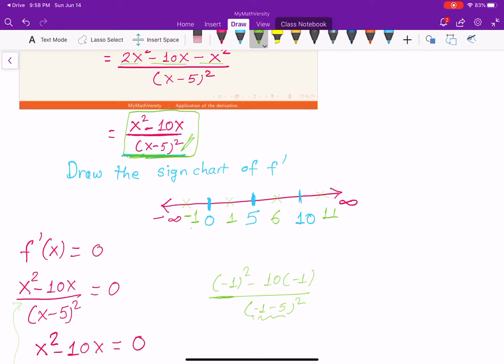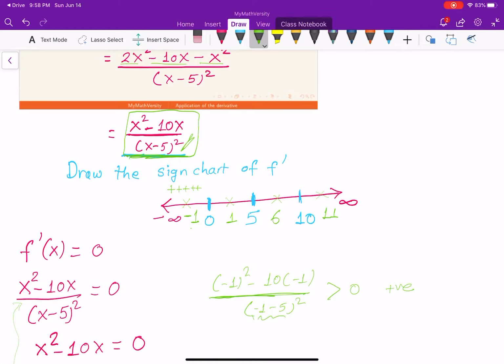In the numerator, the square of -1 is +1, and -10 times -1 is +10, and then the square of -1 is 1. So altogether, what do we get? I don't care even what number you get, but can you tell me the sign? It will be positive, right? So it is greater than 0. Let's write down here the positive sign.